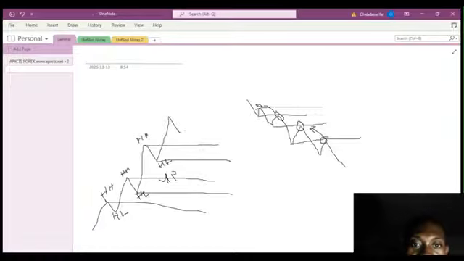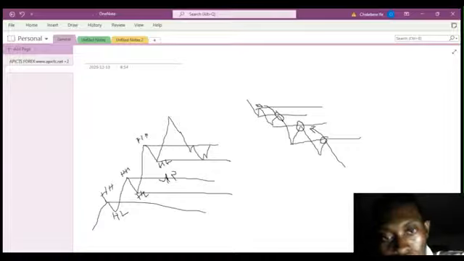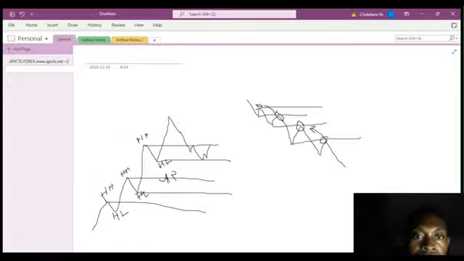It gets here again, it can move up a little, and it goes to this side again. That's how the market moves. It moves from zone to zone, whether demand zone or supply zone. There's always a movement from one zone to another.